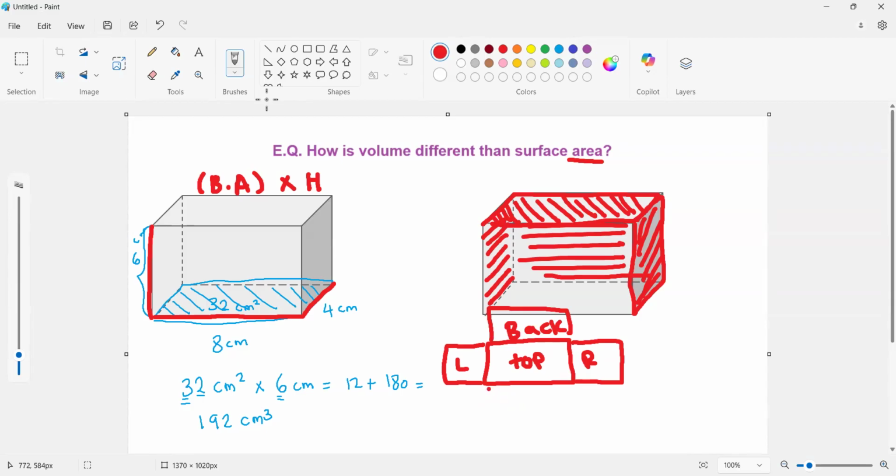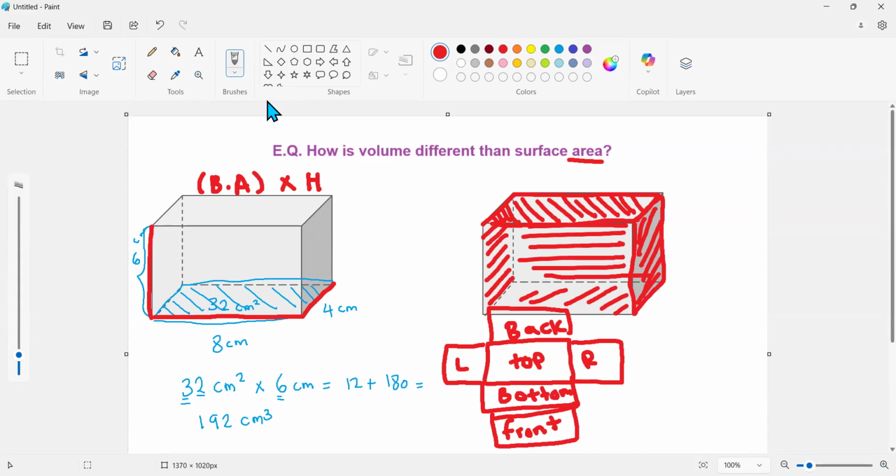And we can paint also the bottom. And then finally, we can paint the front. So the surface area is the total of adding all the surfaces that make up a 3D object. However, we're talking about the outside, the shell, the surface of the 3D object.